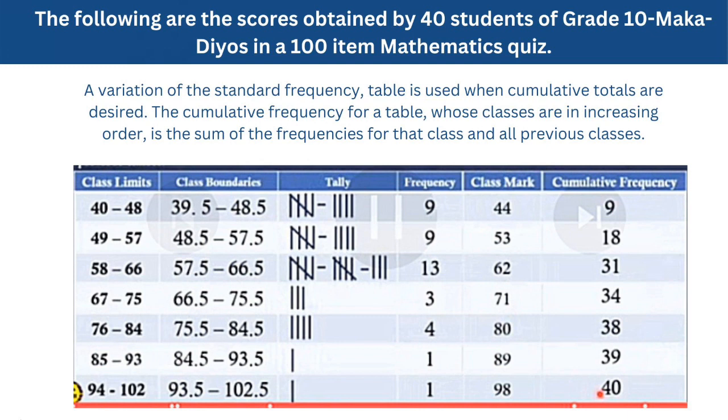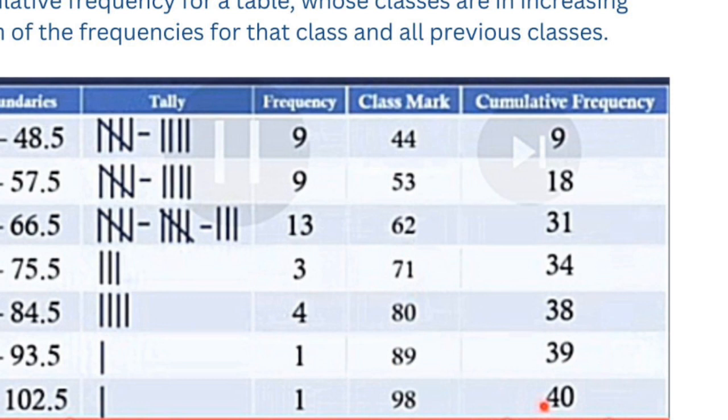So as you can see in the table, the cumulative frequencies are 9, 18, 31, 34, 38, 39, and 40. The final cumulative frequency is the total number of scores.